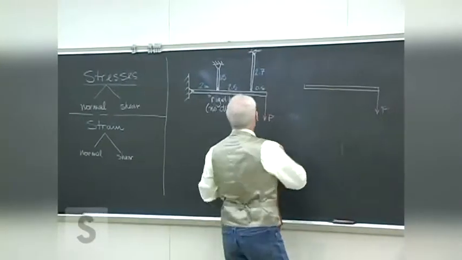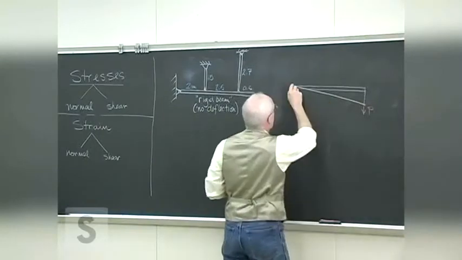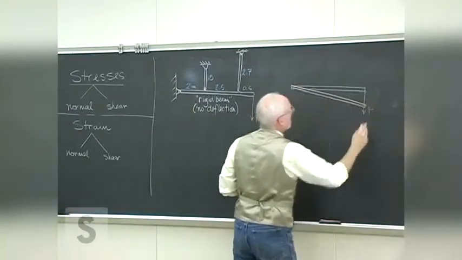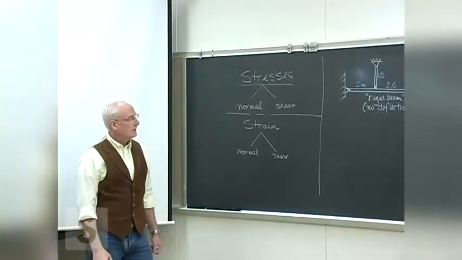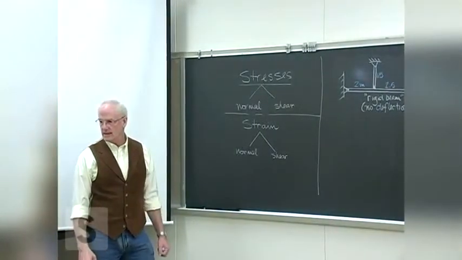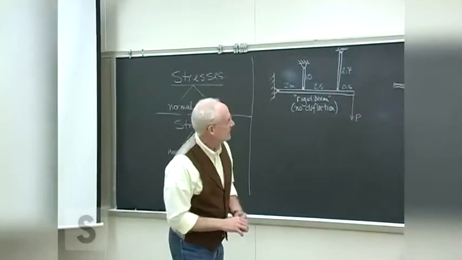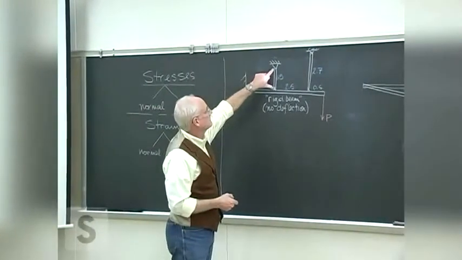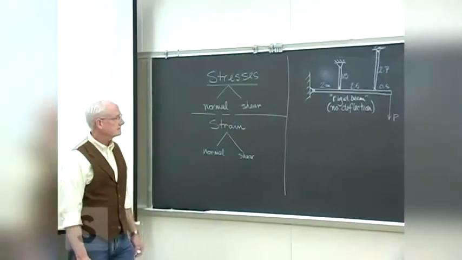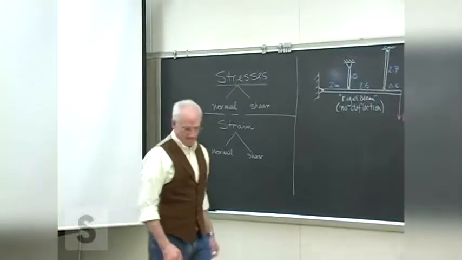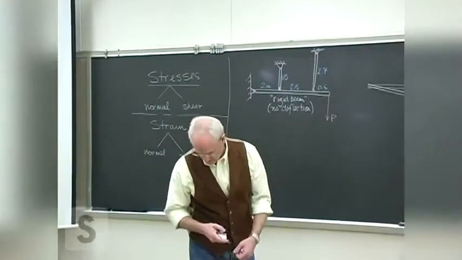So the beam may not deflect itself, but it will rotate a little bit about that one pinned end, due to the stretch, if you will, in the supporting members. All right, so we want to figure out something about what that is and get used to the numbers given.